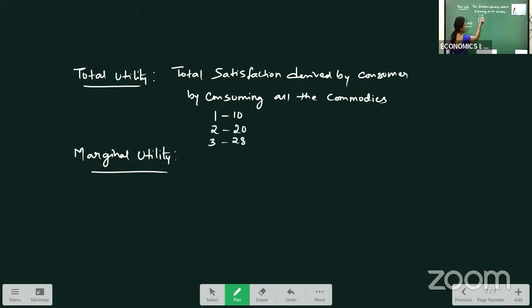So, as the number of units increases, my total satisfaction increases. So, what is total utility? It is the total satisfaction derived by the consumer by consuming all the commodities. That is called total utility.